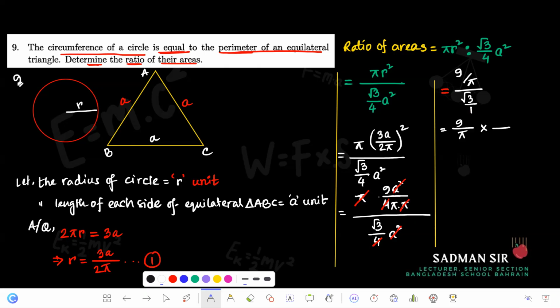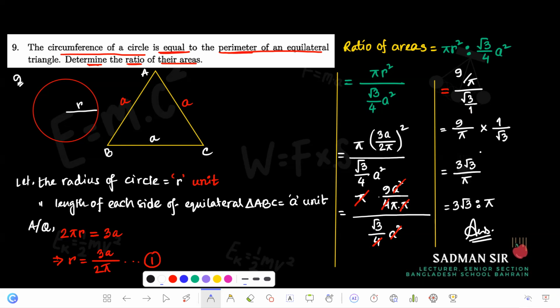Root 3 can be thought of as root 3 divided by 1, so if I make it reciprocal, it will be 1 divided by root 3. If you write in the calculator 9 divided by root 3, it will show you 3 root 3 and divided by pi. The final answer will be 3 root 3 ratio pi, because this cannot be simplified any further.